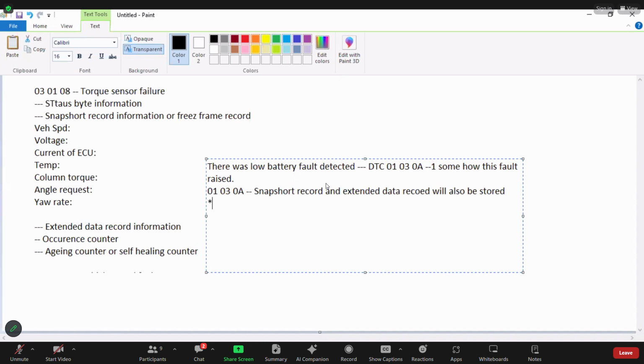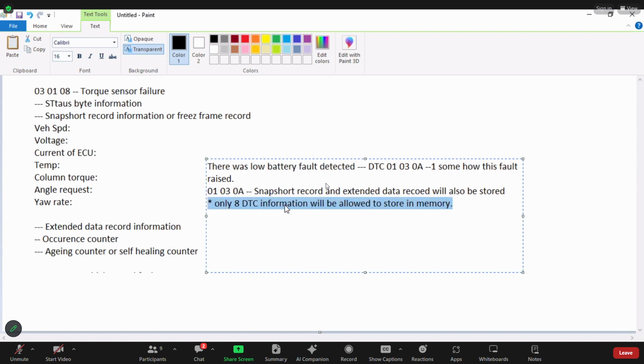This is important. Only 8 DTC information will be allowed to be stored in memory. Only 8 DTC information, that much memory is only there to store at a time.